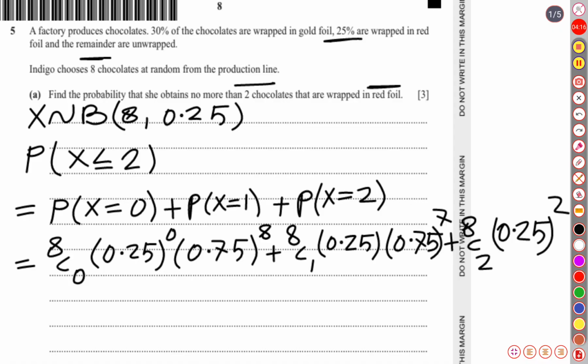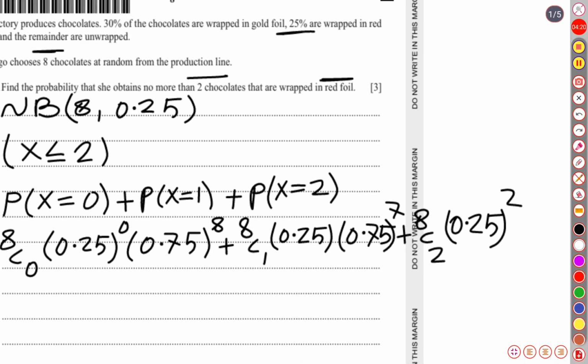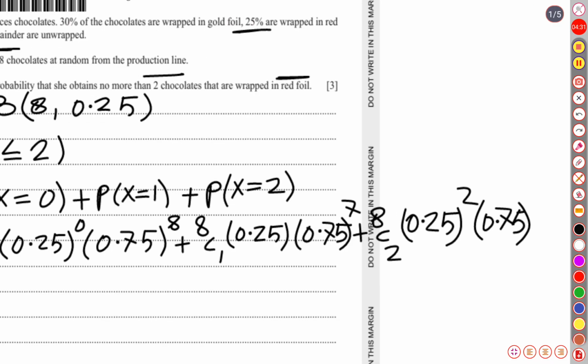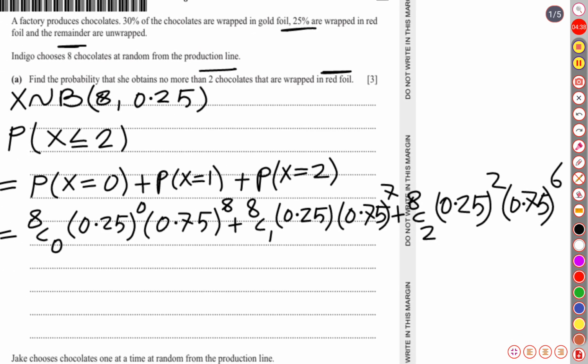That means there are 6 non-red foil, 0.75, and the exponent is 6. Let us simplify this step.